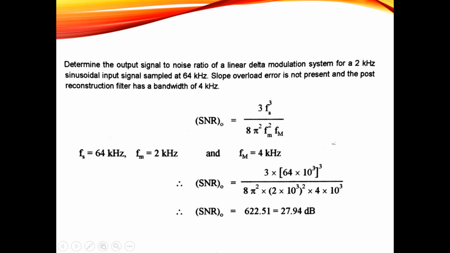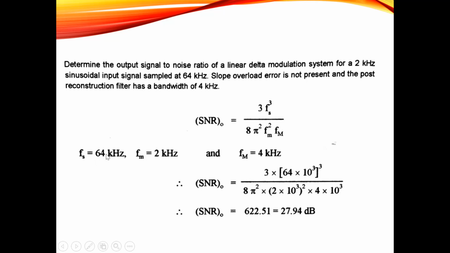Here is one more example using the SNR formula, that is 3 fs cube divided by 8 pi square fm square FM. Here we need to determine the output signal to noise ratio of a linear delta modulator system for a 2 kHz sinusoidal input signal sampled at 64 kHz. Slope overload error is not present and the post reconstruction filter has a bandwidth of 4 kHz.